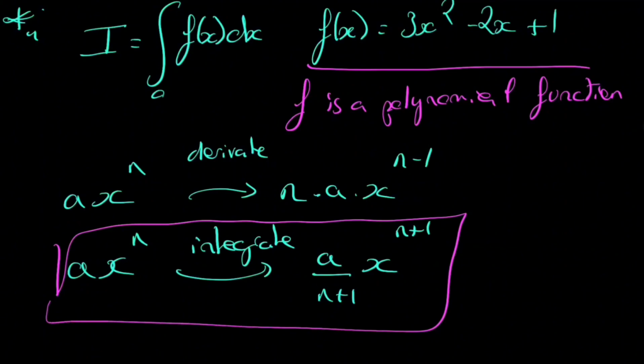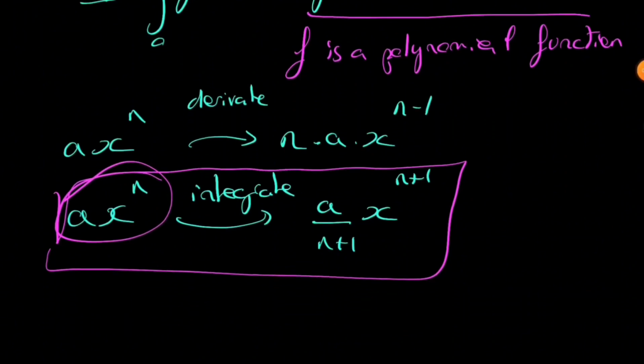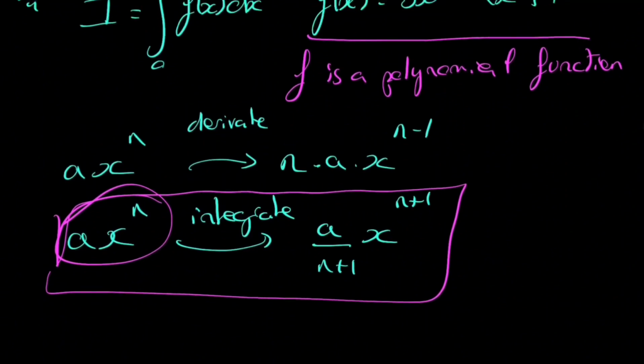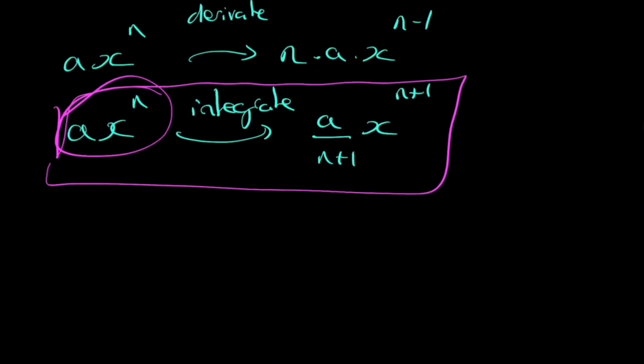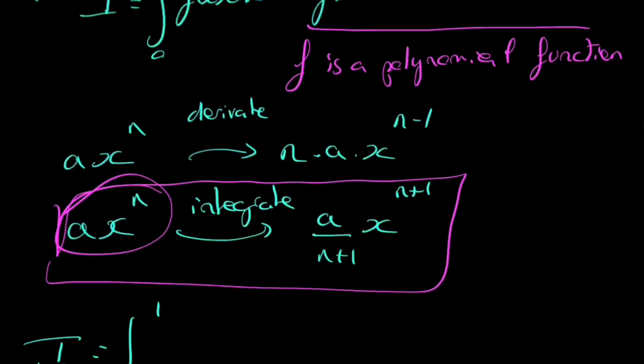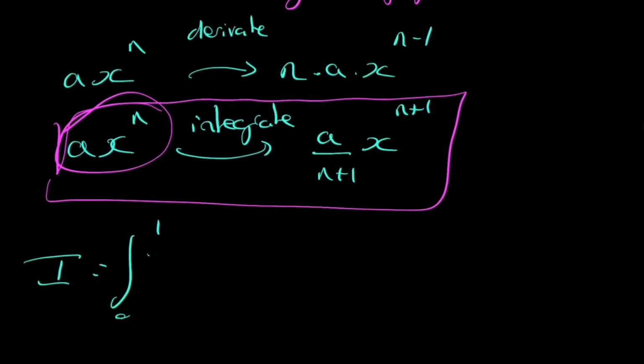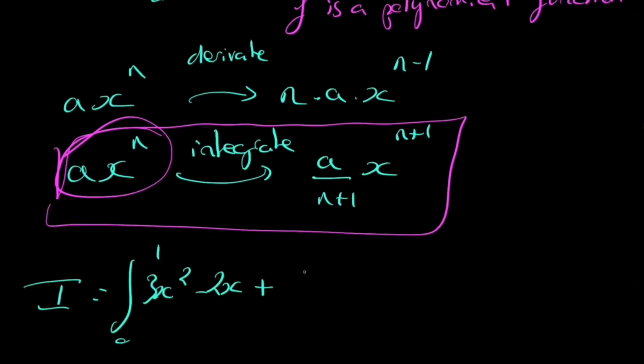And what is a polynomial function? It is just the sum of some terms, monomials, that are easy to integrate. So let's now integrate our function from 0 to 1 of 3x squared minus 2x plus 1 dx.